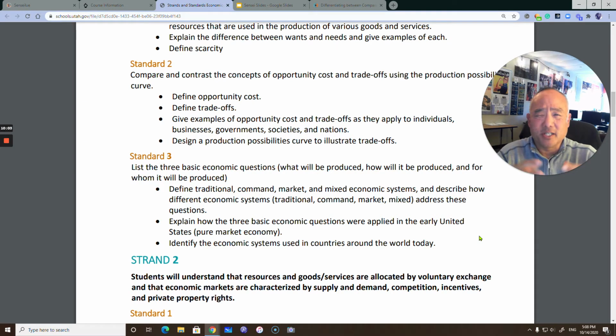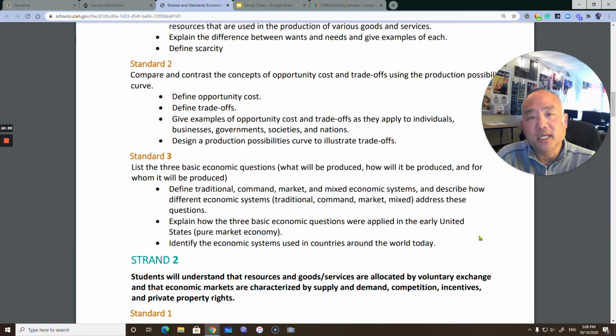So if society or a group of people decide the most important thing to be produced right now is, say, a recreational center, then you let the market decide. Whereas in a centrally planned command economy, it's the government that's going to decide. Yeah, we want to create a recreation center. Free market economy is you let the consumers decide. Will they pay the money for it?